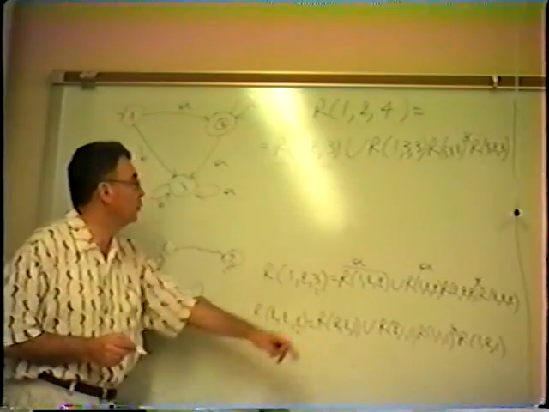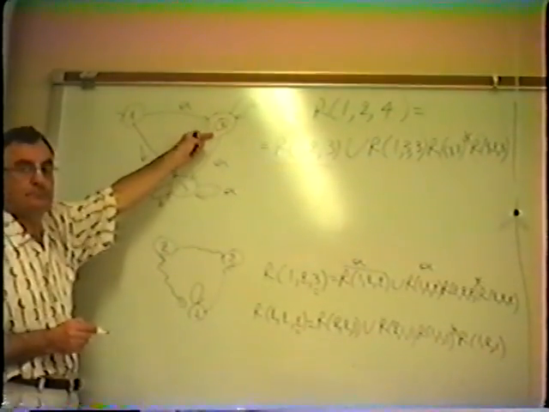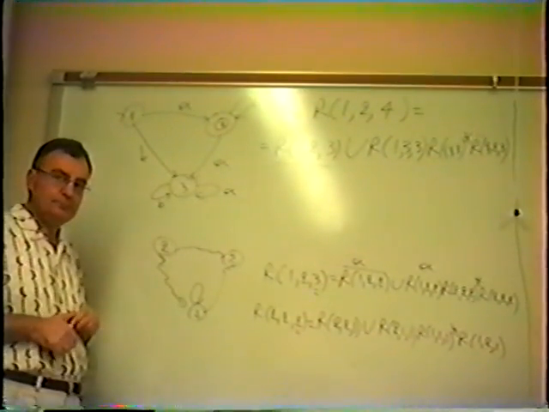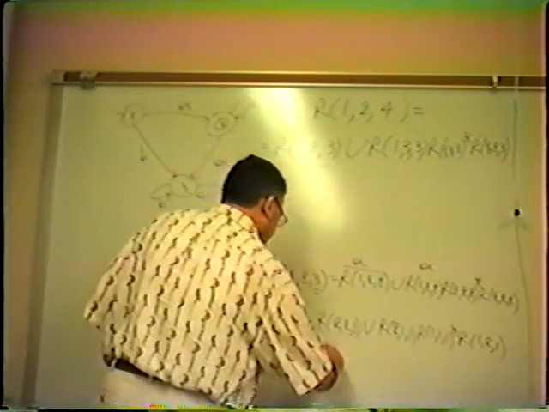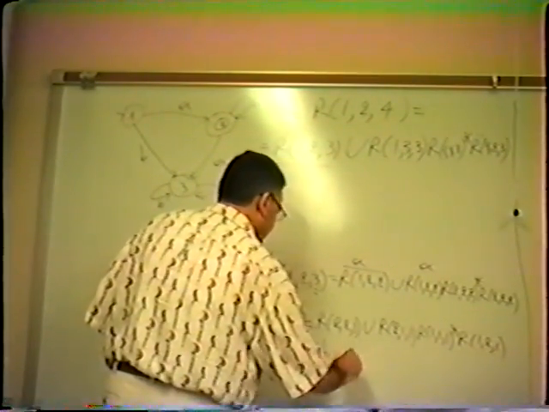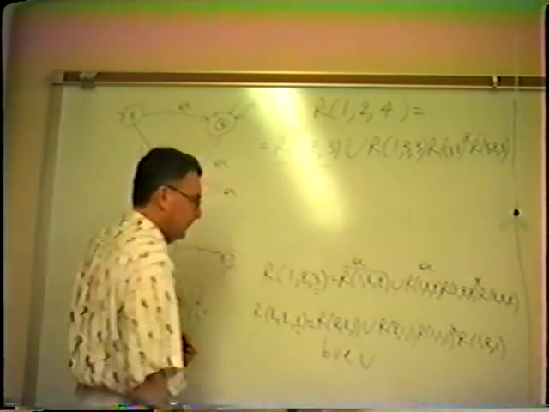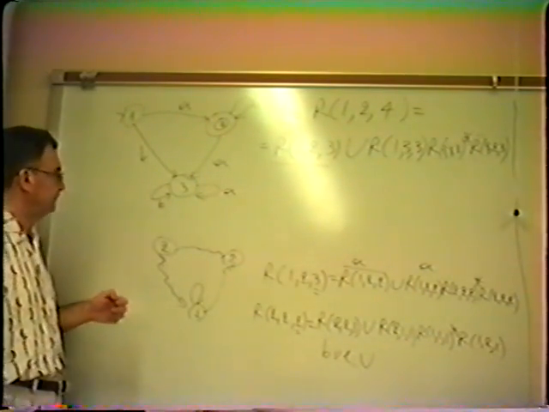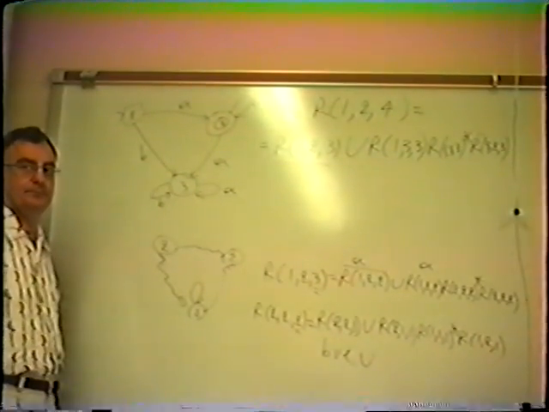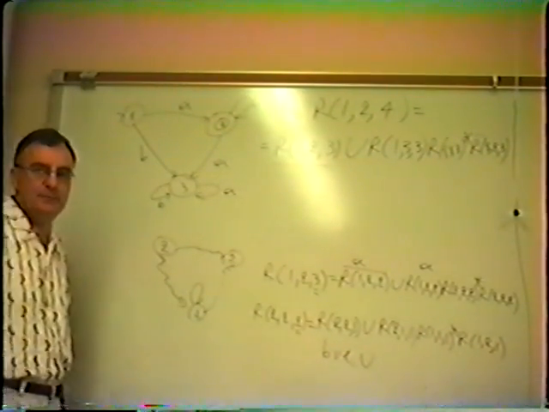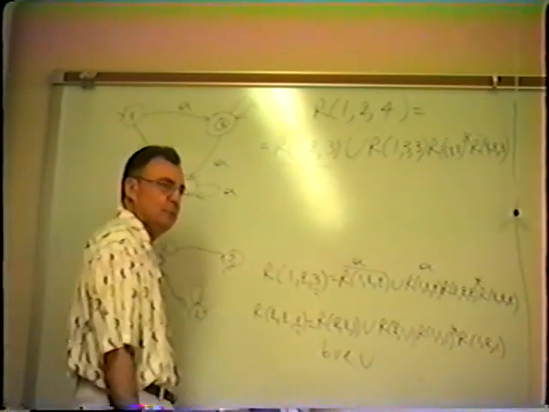What is 2, 2, 1? B or epsilon. Union 2, 1, 1, from 2 to go to 1. Empty set. No string will do it for you, not even epsilon.